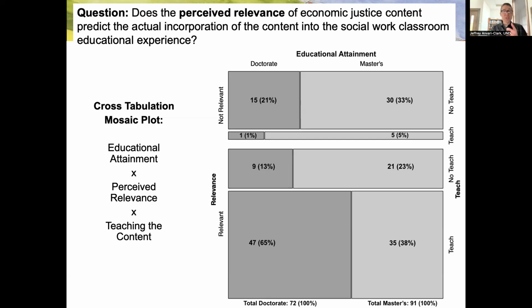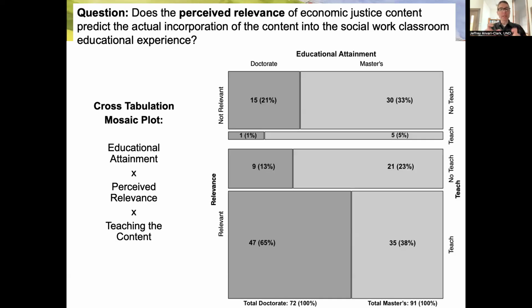Do they perceive it as important and relevant to their work and to their teaching? And do they actually teach it? So not just believing that it's important, but putting their actions where their mouth is. And then breaking that down by whether they have master's degrees or doctorate degrees.